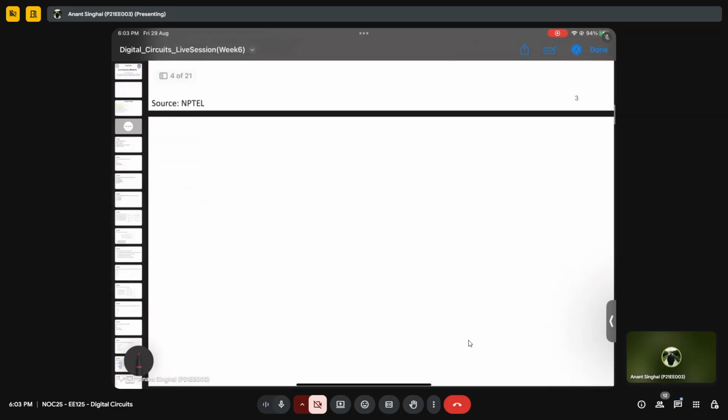We'll be starting with a very important topic called sequential circuits. Can anyone tell a basic difference between a combinational and a sequential circuit?